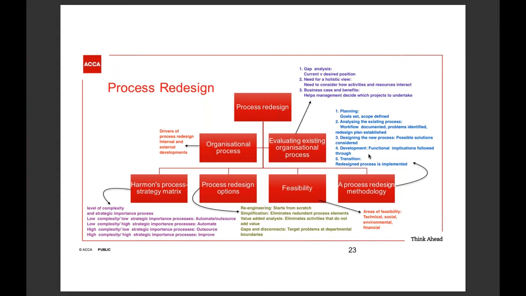After that you develop it, and once the process has been developed, the next thing is to implement it. But it wouldn't be that easy, because in the process of developing and in the process of transition, you may need to do some testing to see whether it is successful or not. If it's not successful, then you have to go back and redevelop it.